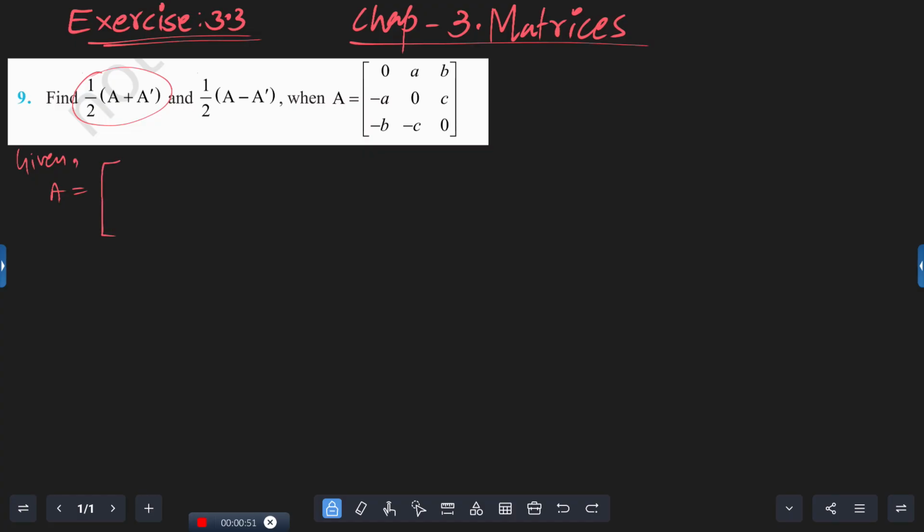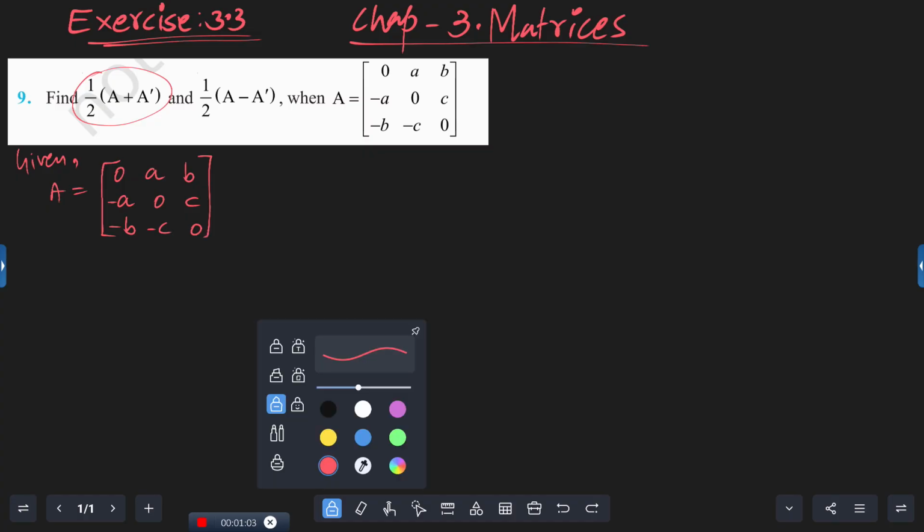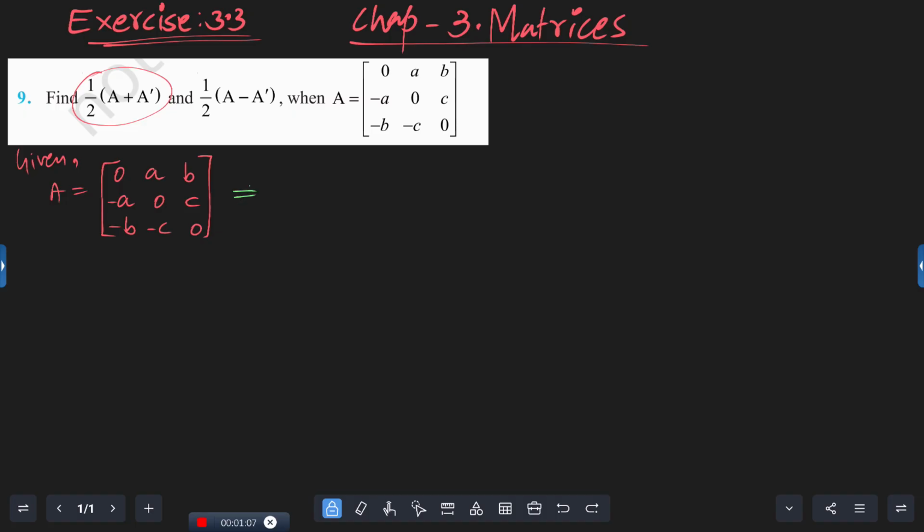Children, listen everybody. 0 a b, minus a 0 c, minus b minus c 0. So this will be A, and what they asked to find is A plus A dash into 1 by 2. So first you find A dash, children, means A transpose. A transpose, a row we have to write as a column.